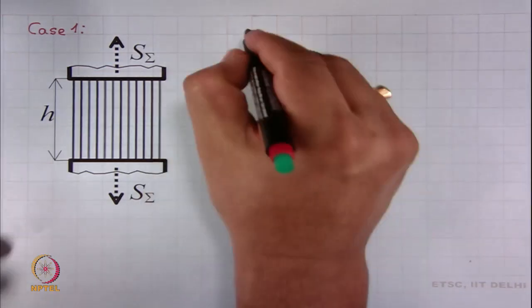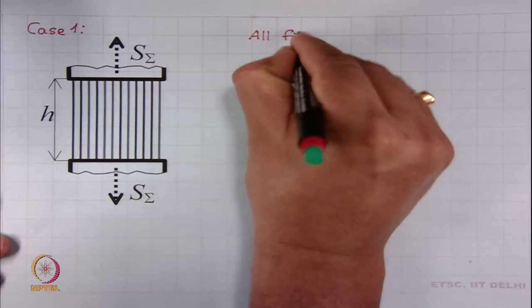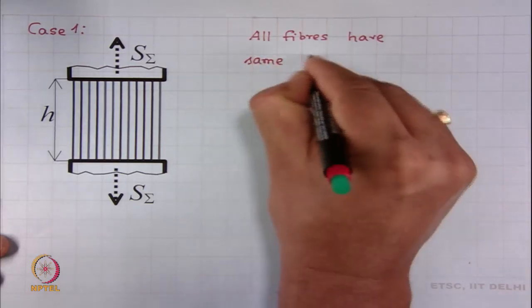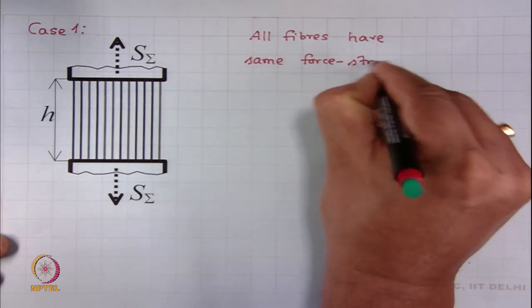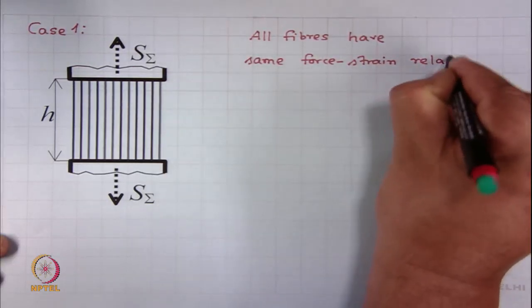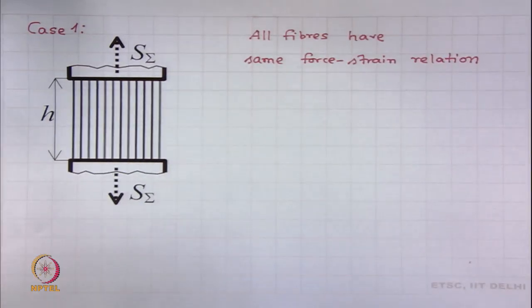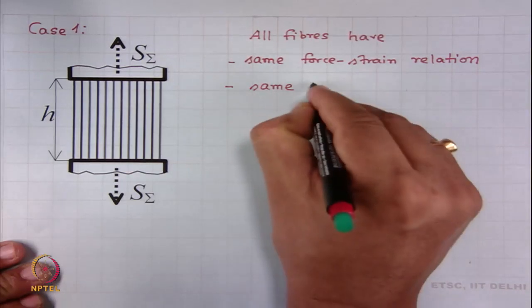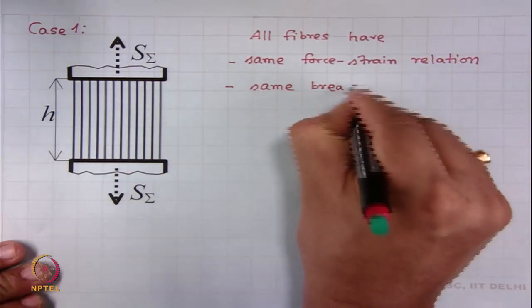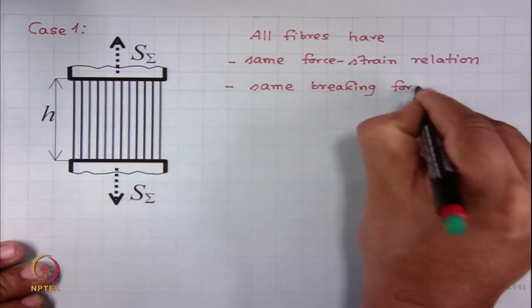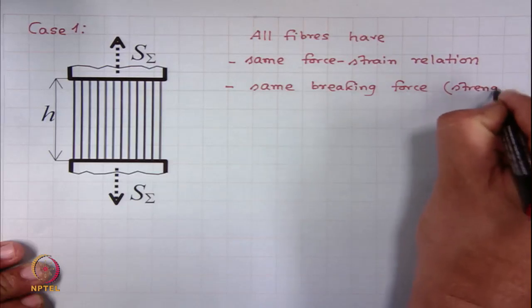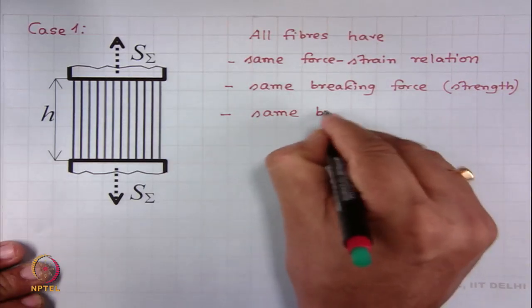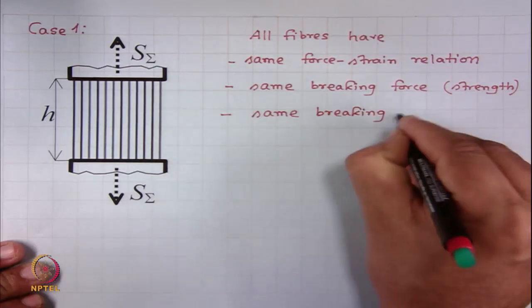We assume all fibers have same force strain relation, same force, that is strength, and same breaking strain.